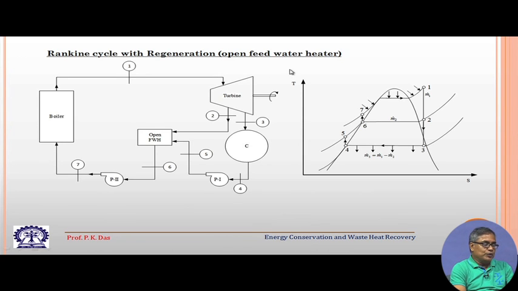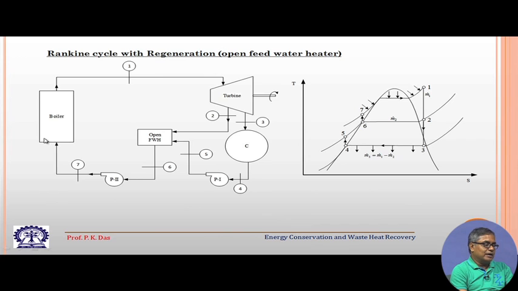Let us look into the arrangement of the basic cycle. We kept it very simple, because first we would like to develop the concept. Here there is only one feed water heater, an open type feed water heater, shown in the figure. So, let us start with the boiler.